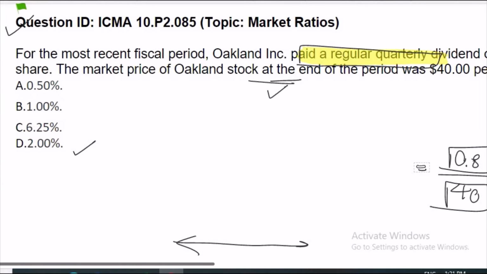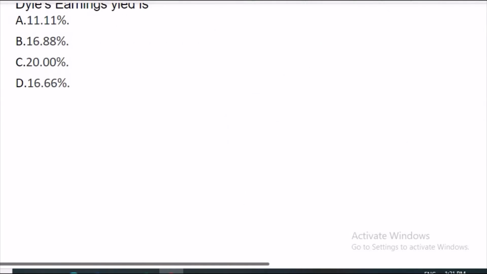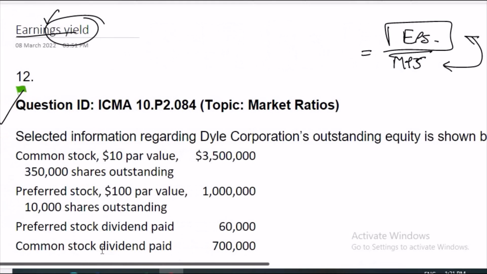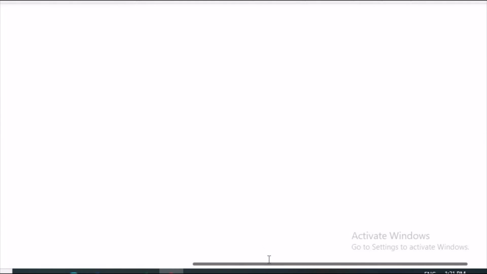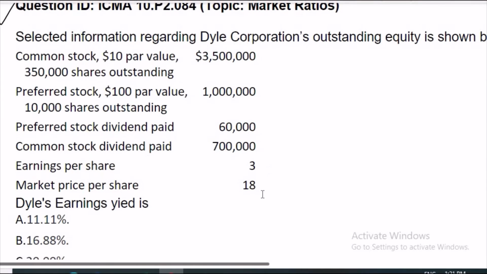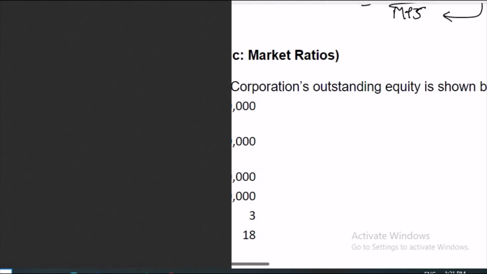Okay, so next, earning yield, EPS upon MPS. So we need to find the EPS. EPS is 3 divided by 3 divided by 80.